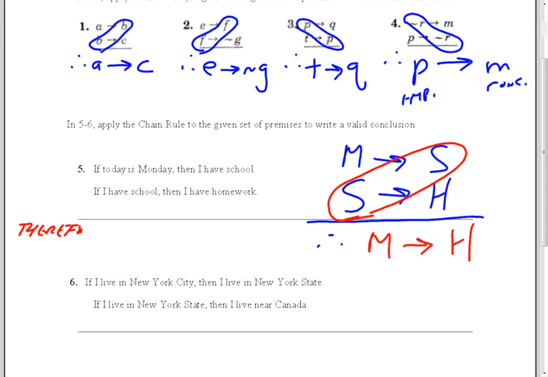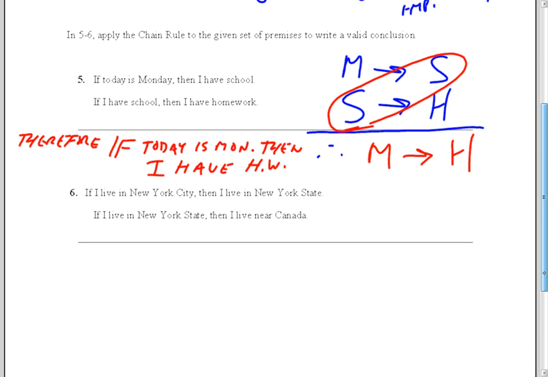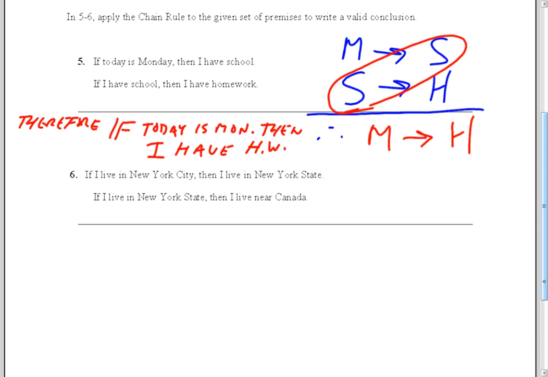Therefore, it's still an if-then statement, so I have to write an if-then statement. If today is Monday, then I have homework. Pretty easy when you have just 2 statements to start with, or 2 conditionals, but what if you have 9 or 10? It might be easier to make things into symbols and deal with the laws that way.